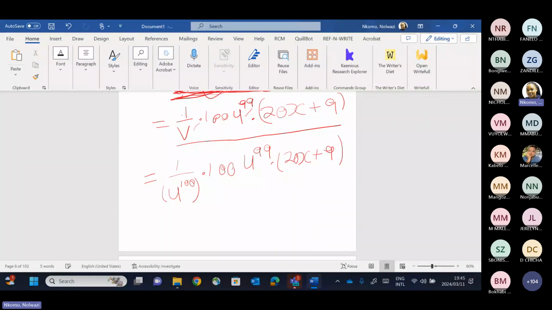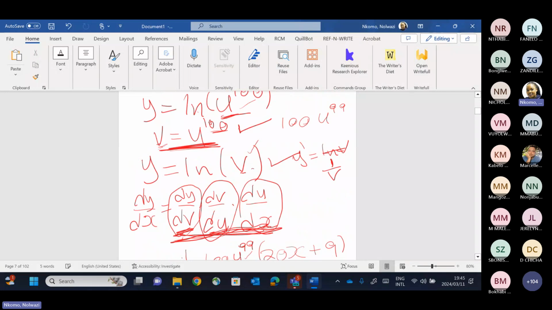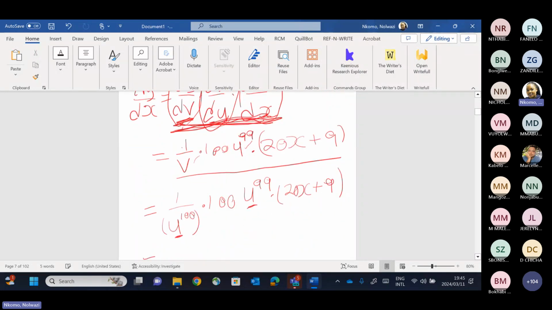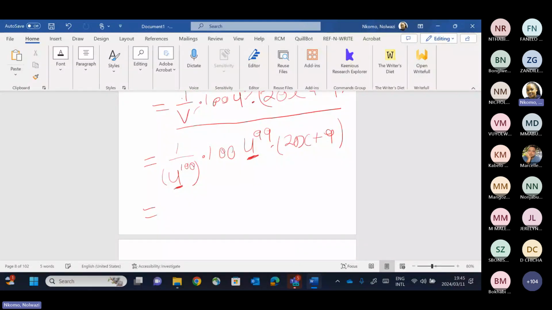But we still have a variable u, and we know that u is equal to this function. So the next step is to take this function and substitute it back here where there is u, and that would be your final answer.